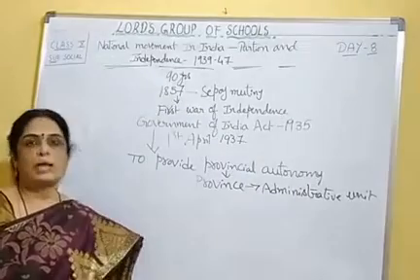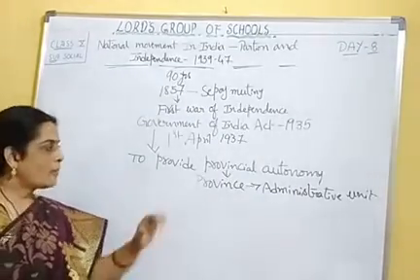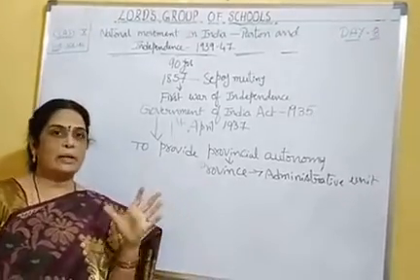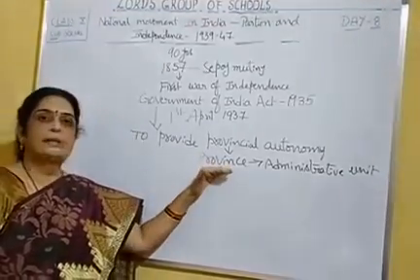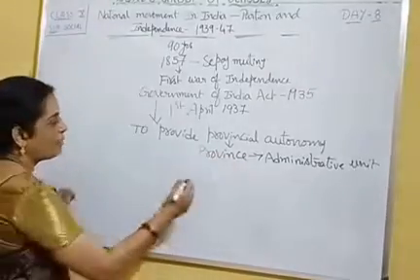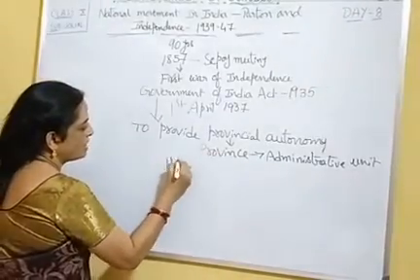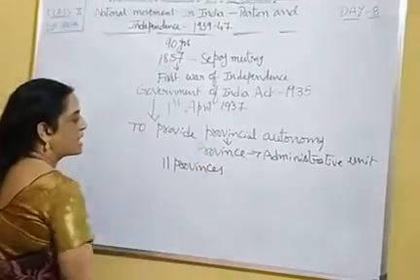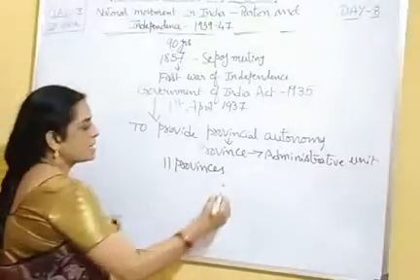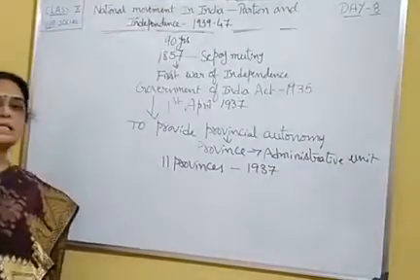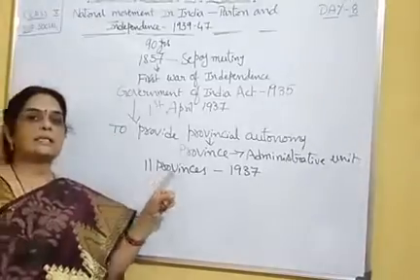So the Indian National Congress and the Muslim League accepted this. For these 11 provinces, elections were conducted in 1937.